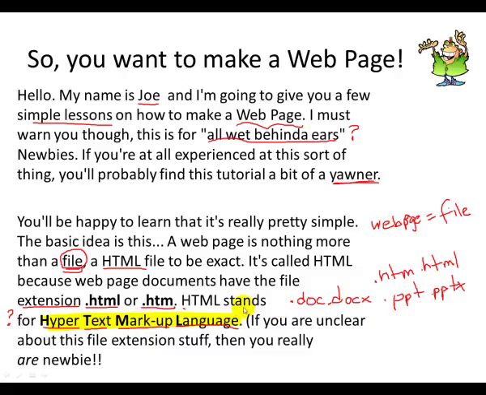And I know web pages are connected with HTML because it says an HTML file is a web page document that ends in HTML. So, in order to make web pages into files, you need to save them as HTML documents. So, HTML is the extension that you save a web page as.